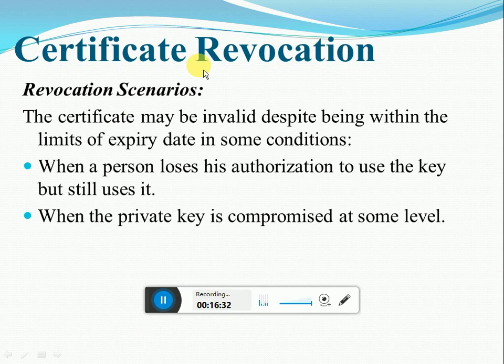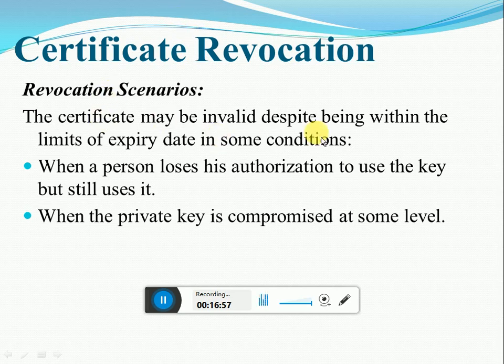The validity period of an X.509 certificate is always contained in the certificate. For how long this certificate is valid is already mentioned in the X.509 certificate. However, there are reasons why a seemingly valid certificate may actually be invalid.